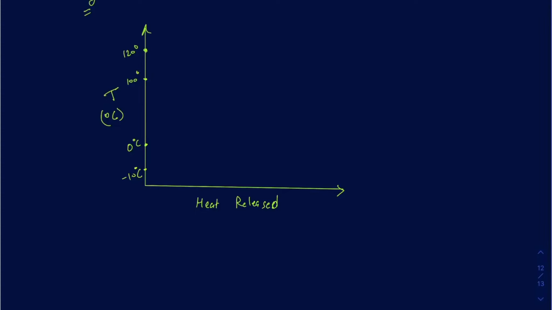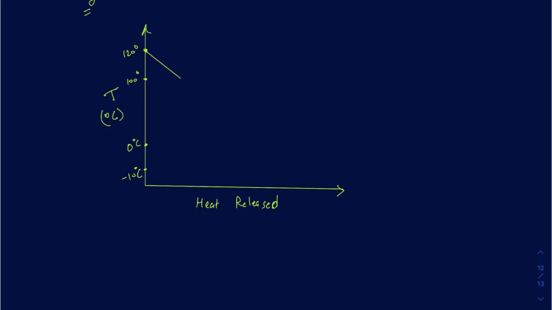So if I'm starting at 120, when I decrease the temperature, the steam's temperature is going to decrease until you hit 100 degrees Celsius. When you're decreasing the temperature, you're releasing heat.